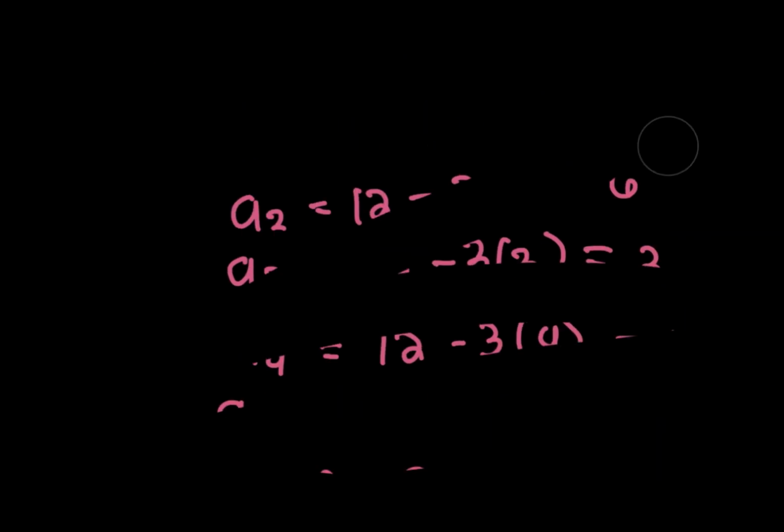Now we move forward with example number 4. And this example 4 is exponential. So we have a sub n equals 3 to the power of n.